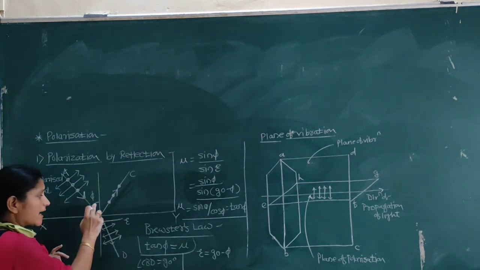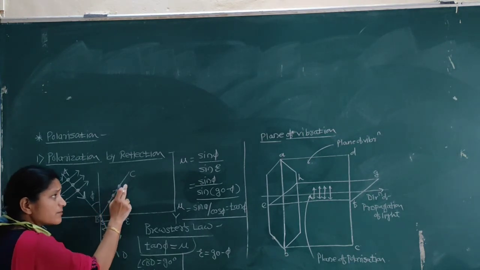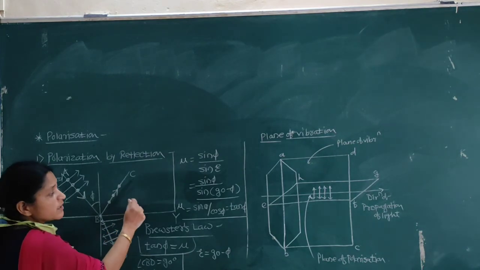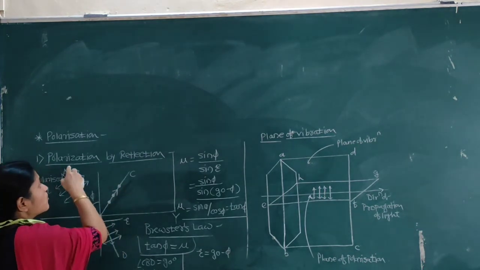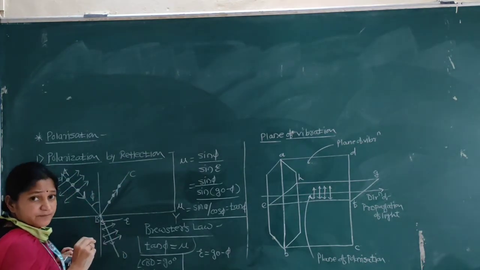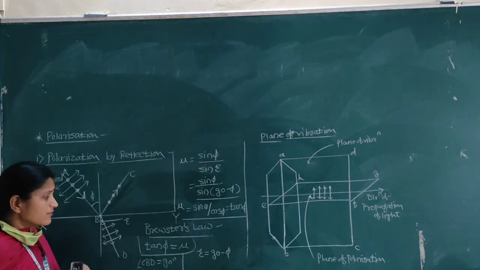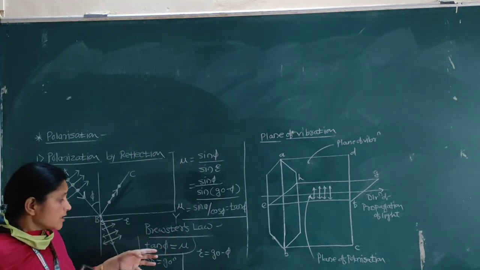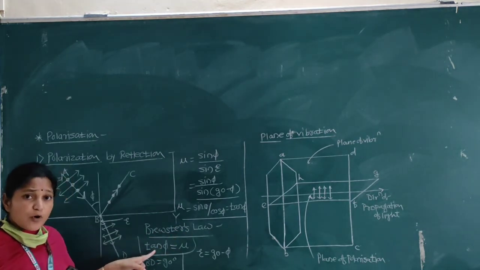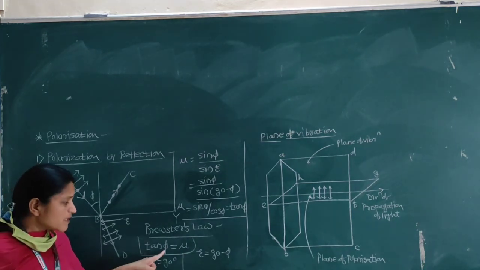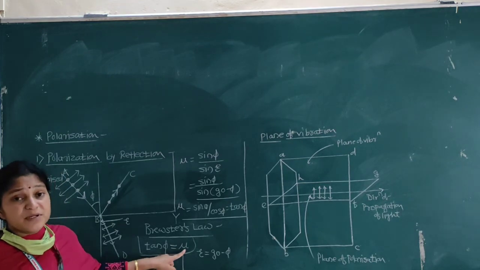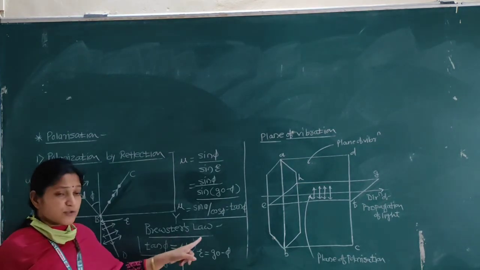So at a particular angle of incidence, the reflected beam is completely plane polarized, and this is called the polarizing angle or polarization by reflection. After that, we discuss Brewster's law. Brewster's law is nothing but: the tangent of the angle of incidence must be equal to the refractive index of the medium, and that is called Brewster's law.